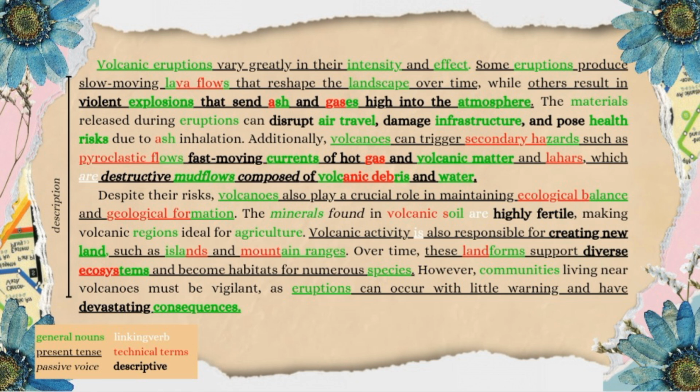Next is linking verb marked with white colors. For example, is, are, was, and so on. Next is technical terms marked with red words. For example, volcano, geological structure, magma, gases, ash, crust, composition, lava flows, volcanoes, stratovolcanoes, cinder cone volcano, and so on.